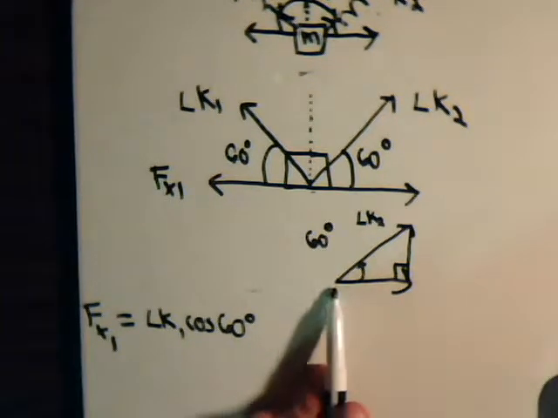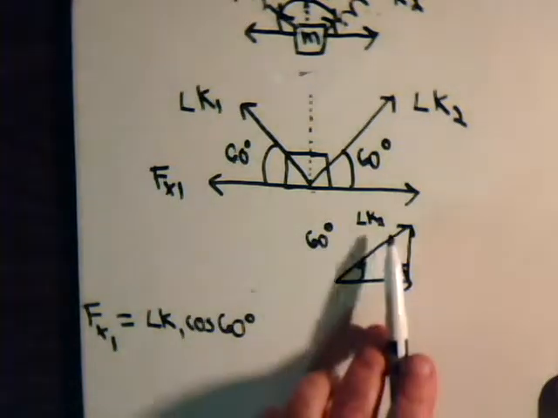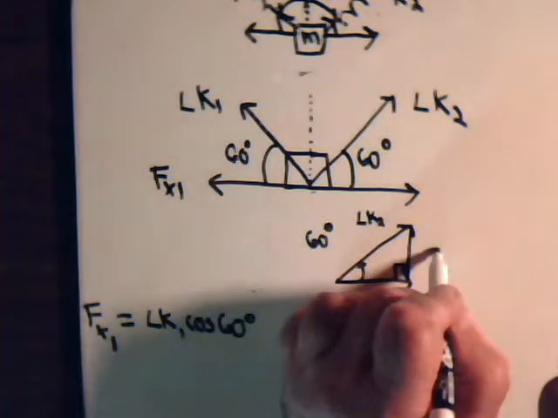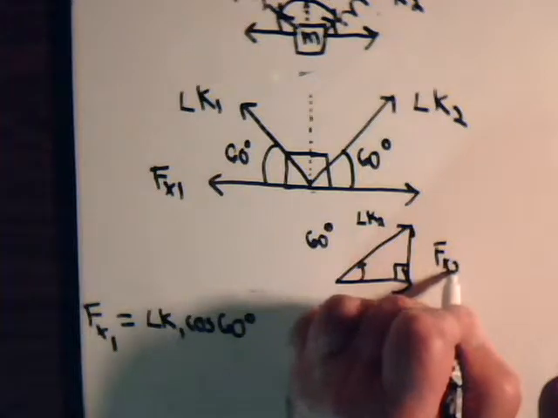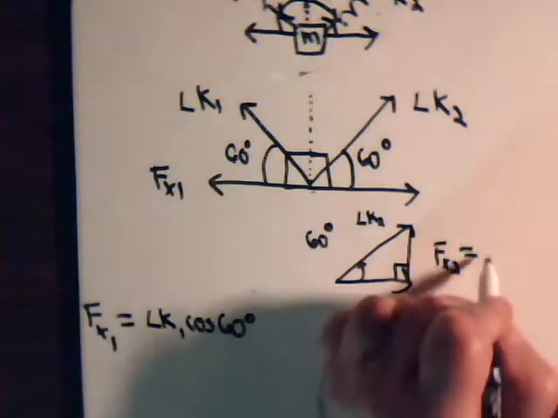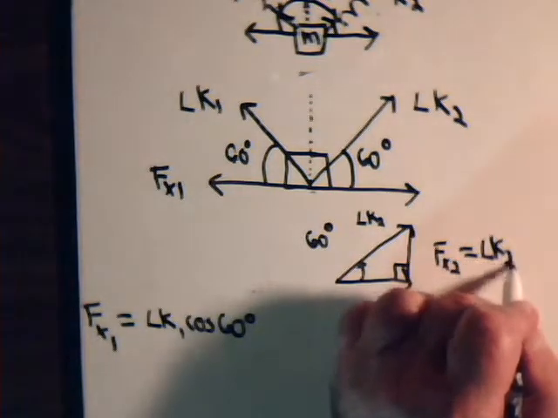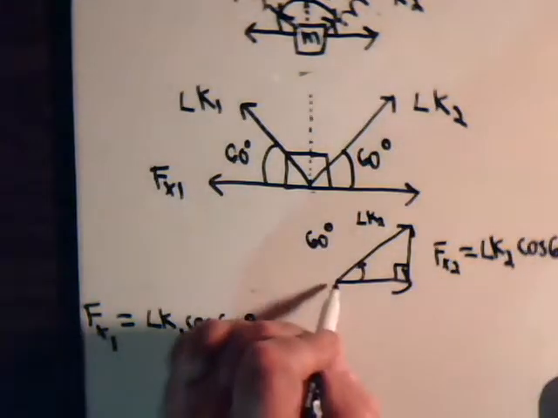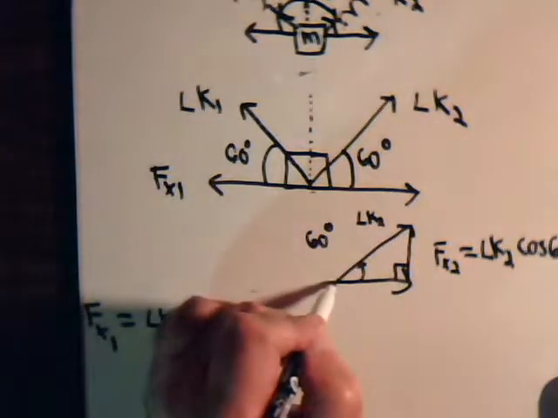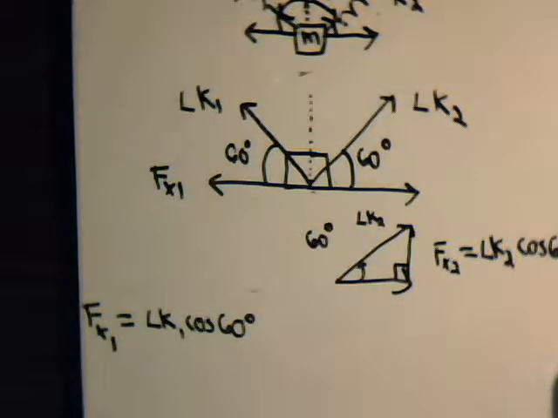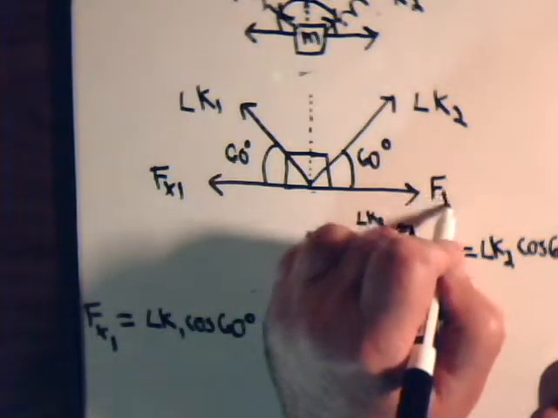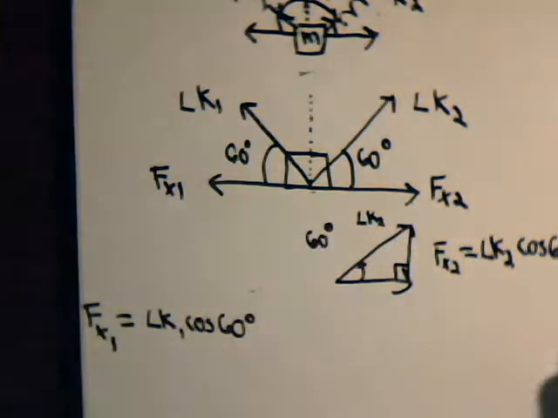So this side is going to be L k2 times the cosine of 60 degrees. So Fx2 equals L k2 times the cosine of 60 degrees. And this is pointing like this, so its horizontal component points in that direction. So here, the force pointing in this direction, Fx2, we know what that is.